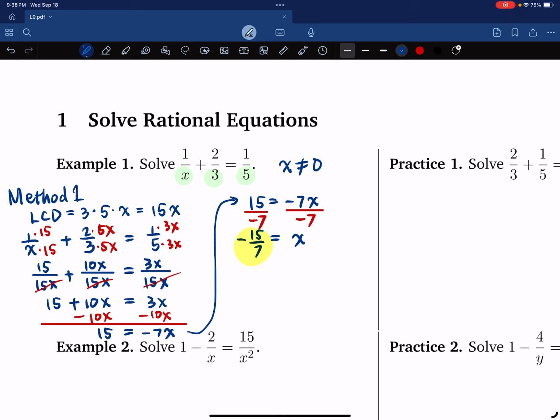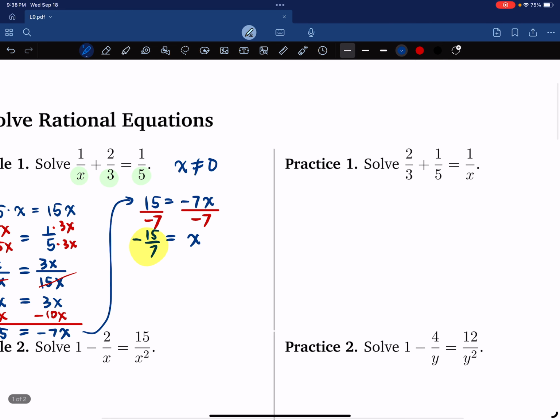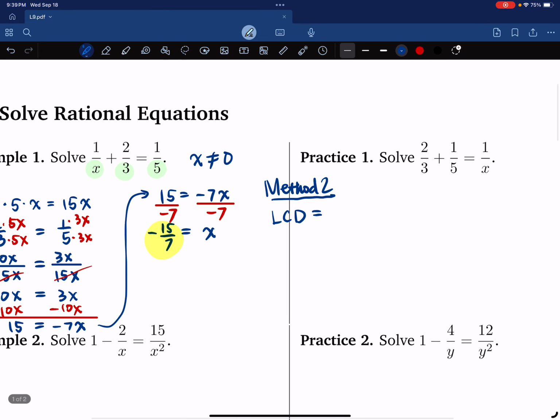And I would say most people are probably familiar with this method because you need to do the transformation anyways for a lot of rational expressions. And then method number 2, it's very similar to method number 1. The first step for method number 2 is the same. You find the LCD. So we already did the LCD earlier. I'm just going to say it's 15x.